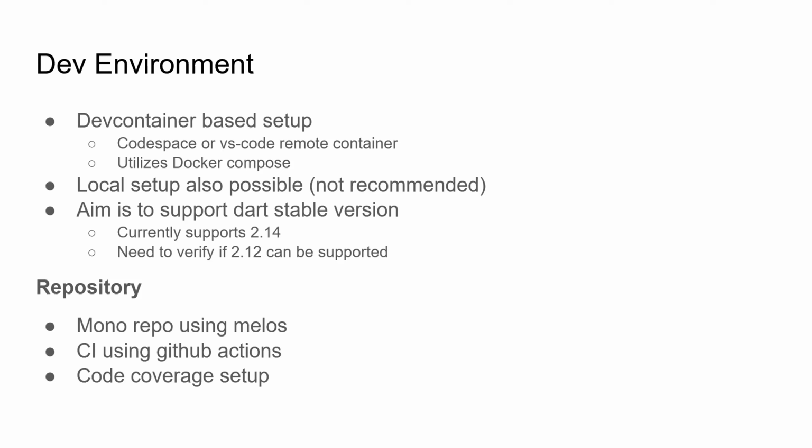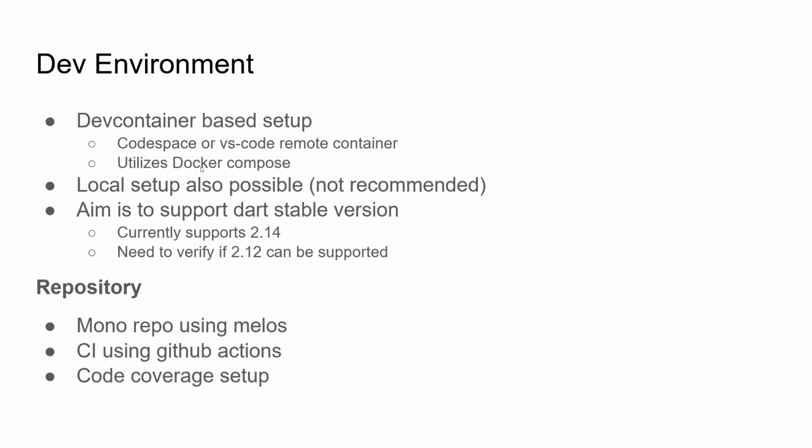Some basic information about how the dev environment can be set up: I saw that Dapr recommends a dev container based setup, so I went with that. I saw that the JS SDK and many other SDKs, the Python SDK too, follow the same ideology. So I created that setup, and now the Dart SDK is compatible with CodeSpace and also VS Code remote container.